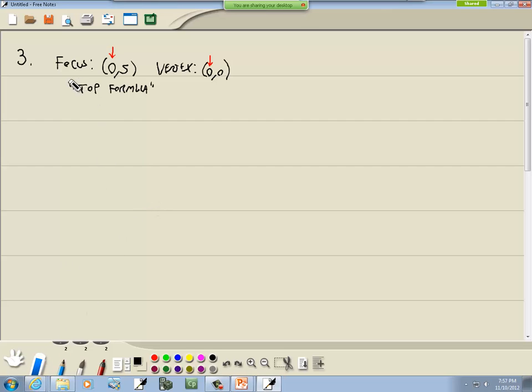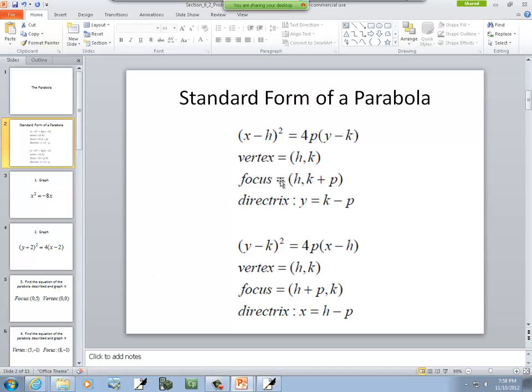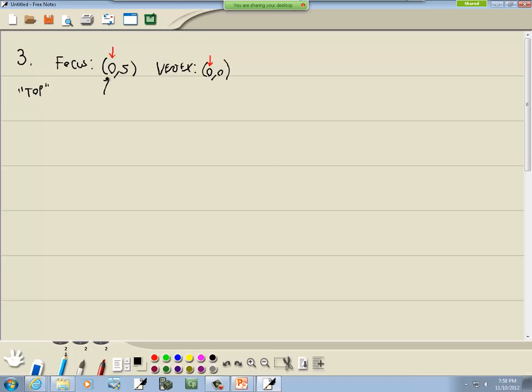And that's probably a bad place to put that, but let me erase that. That's our top formula. Okay, so our top formula says the focus is h, comma, k plus p. So that means this is h, so h is 0. And this is k plus p, so k plus p is 5.